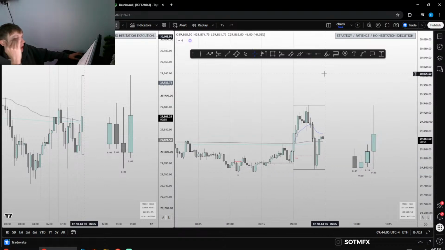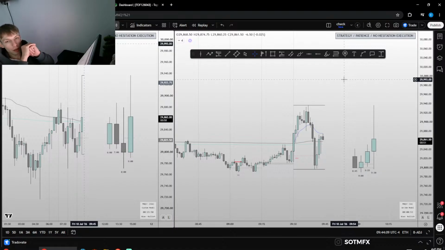Obviously, for any break and retest trade, I need the new 1 hour candle to open, and then within that new 1 hour candle, I need the 15-minute swing point to form.